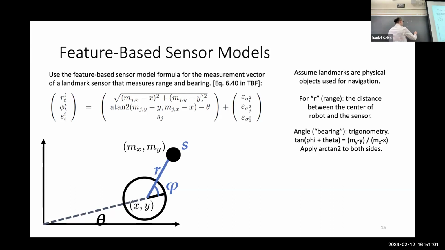It's the difference between my and the y coordinate here, so that's one distance. Then there's another distance from mx to x, and then you apply the arctan2 to both sides.